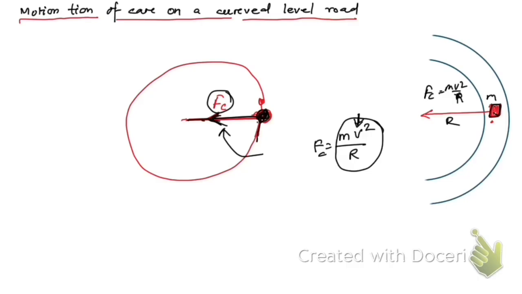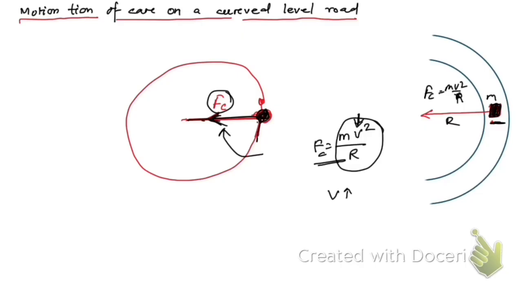Beyond which it cannot provide that centripetal force. Now if you keep increasing the speed of the car, then if this centripetal force crosses the maximum static friction, that means the limiting friction between the tires and the surface of the road, then this car will move away.